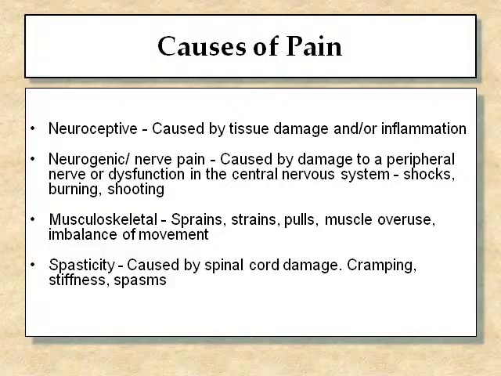And then spasticity caused by spinal cord damage can result in cramping, stiffness, and spasms.